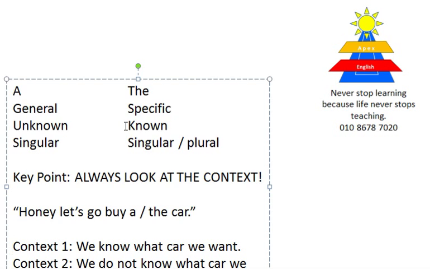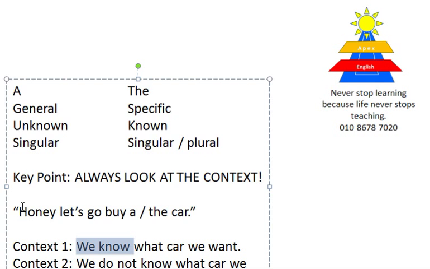Because we know and we've made a decision, we're talking about a specific car. Therefore, we're going to use the. We would say, honey, let's go buy the car, because we know what car we want to buy. We've already made a decision.